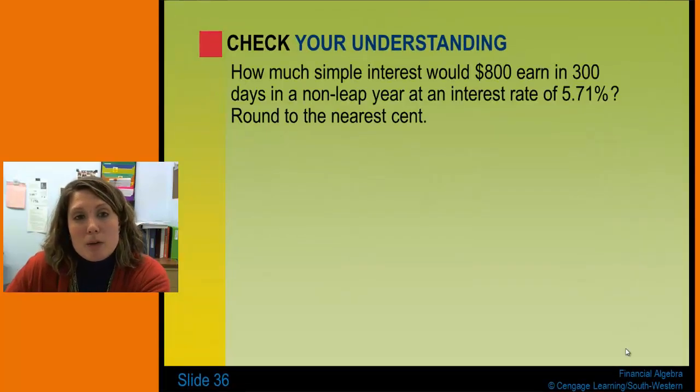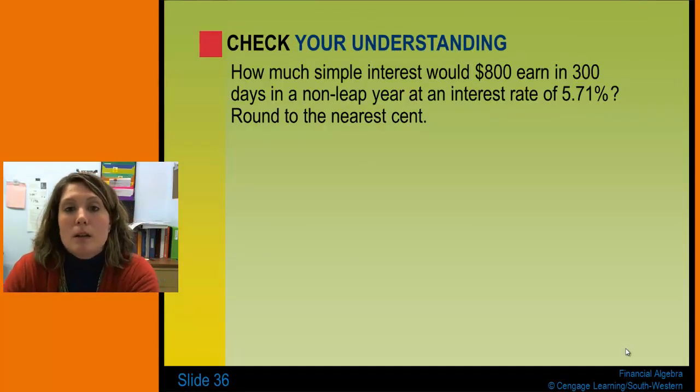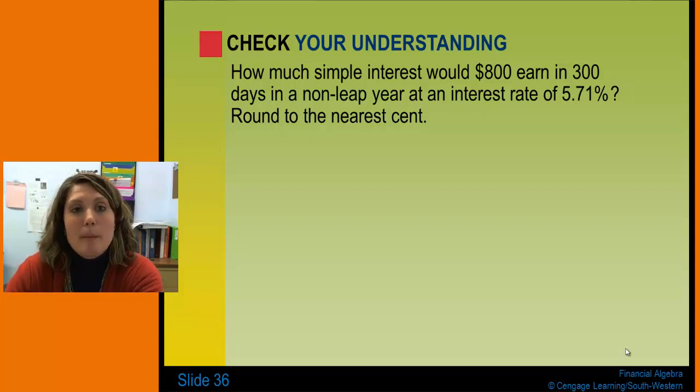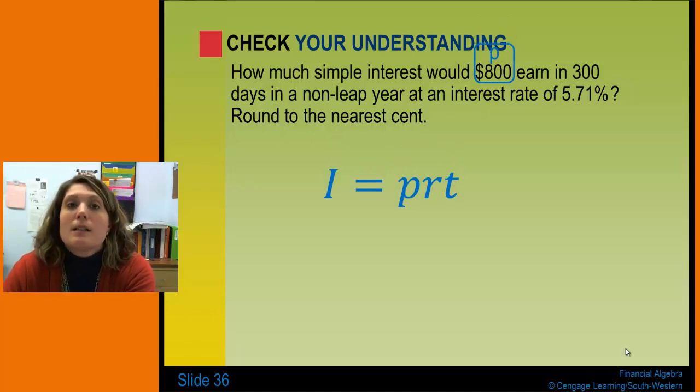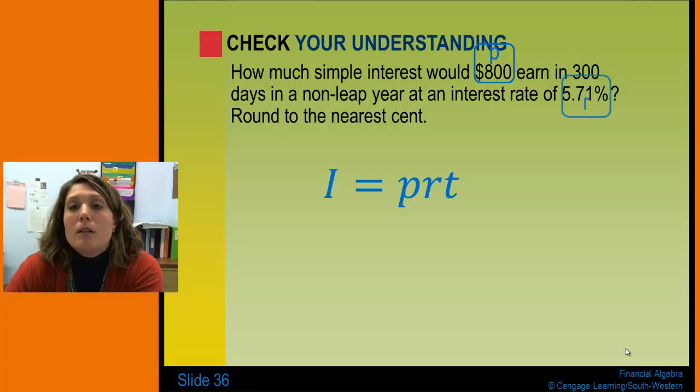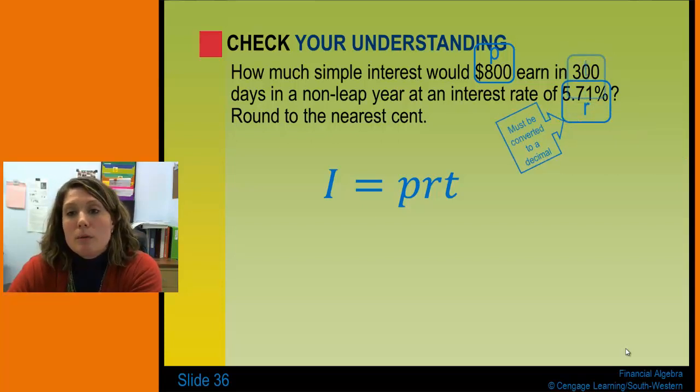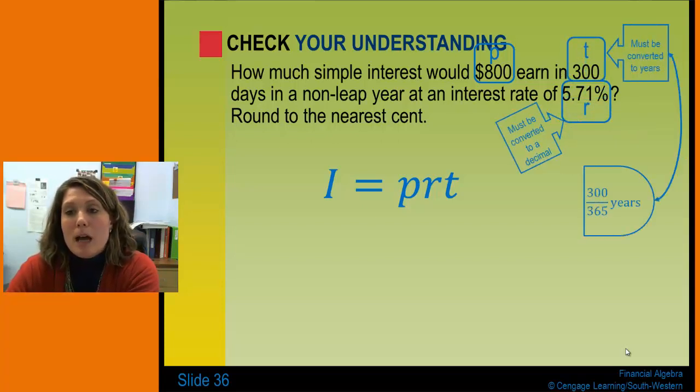The next problem here, check your understanding, this one is going to talk about days. So how much simple interest would $800 earn in 300 days in a non-leap year at an interest rate of 5.71%? Round to the nearest cent, so we're rounding to the nearest hundredth. So we pull out principal, we pull out our rate, we pull out our time, and again this needs to be converted to years.